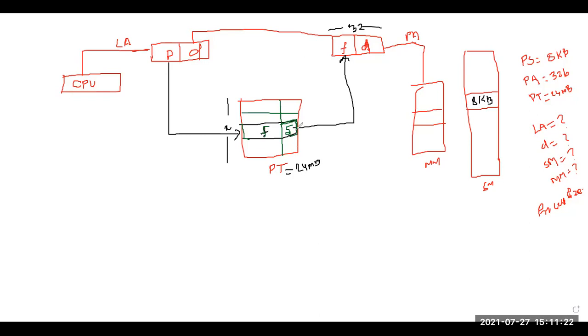So we have a certain number of reserved bits, and in this case the reserved number of bits is 5.